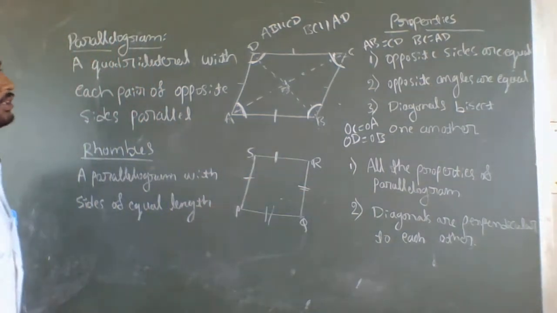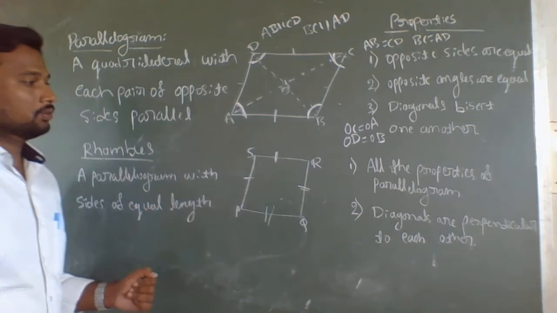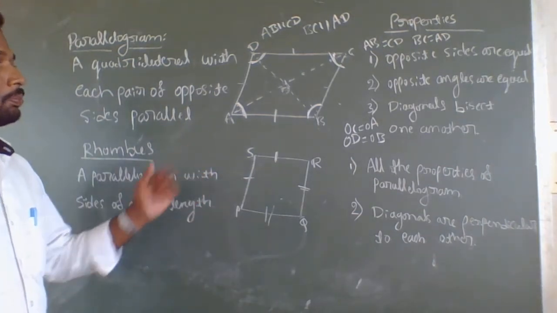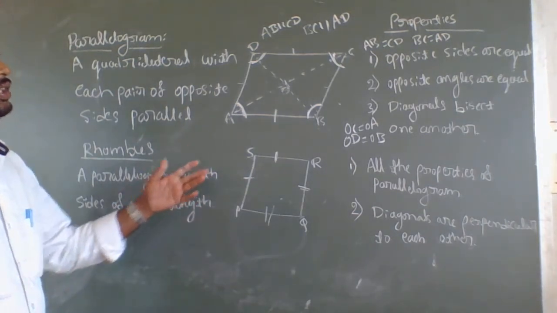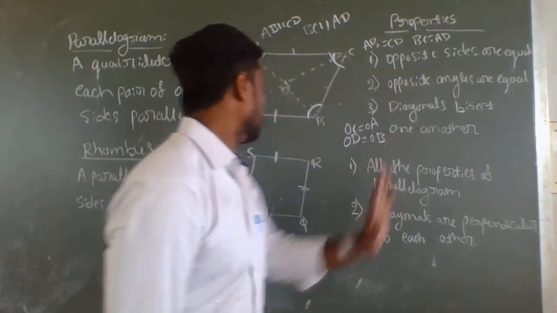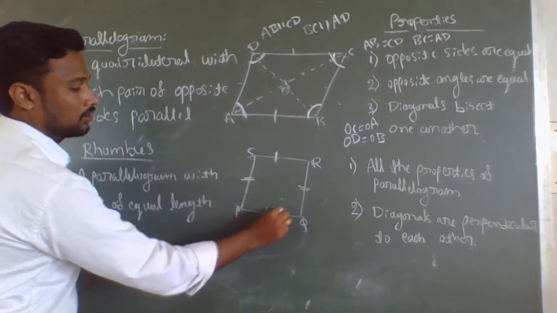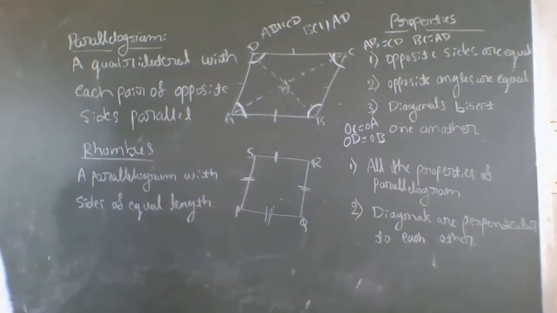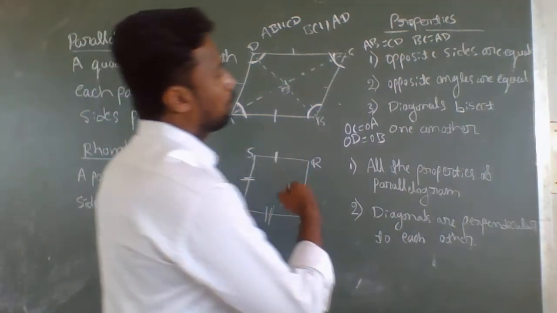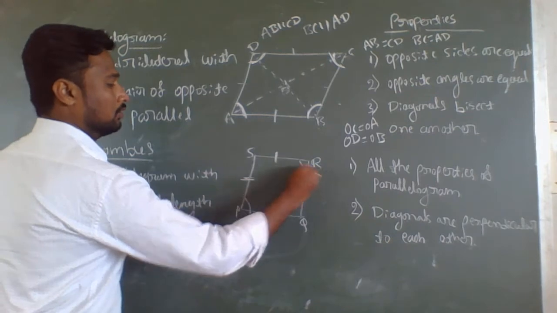Right. So now we will see the properties of a rhombus. First one is all the properties of a parallelogram. So it has all the properties of a parallelogram. First, opposite sides are equal, but here the only difference is that all the sides are equal to each other. And next one, opposite angles are equal. These angles are equal to each other.